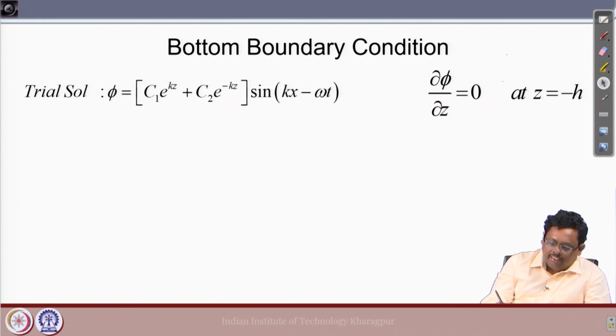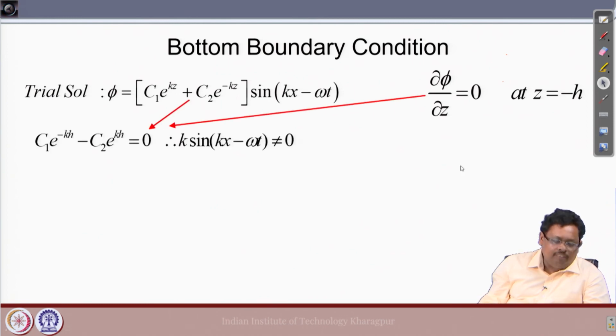So, if I apply this, what do I get? If I differentiate φ with respect to z, definitely k comes out, and also I put z = −h. So, kz should be −kh, and then −kz should be kh, right, and if I differentiate the second term, the minus sign comes out.